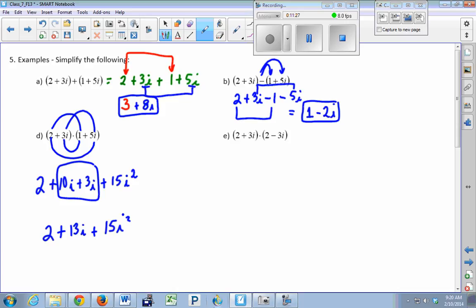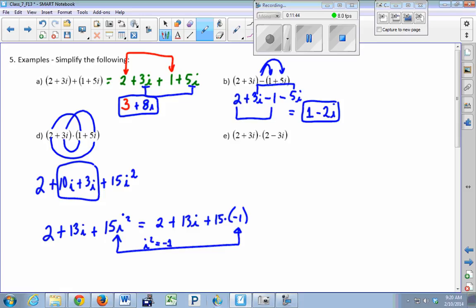what do you get to replace it with? -1. So you replace the i squared with a -1. So you get 15 times -1, because that's what i squared is equal to. i squared equals -1.